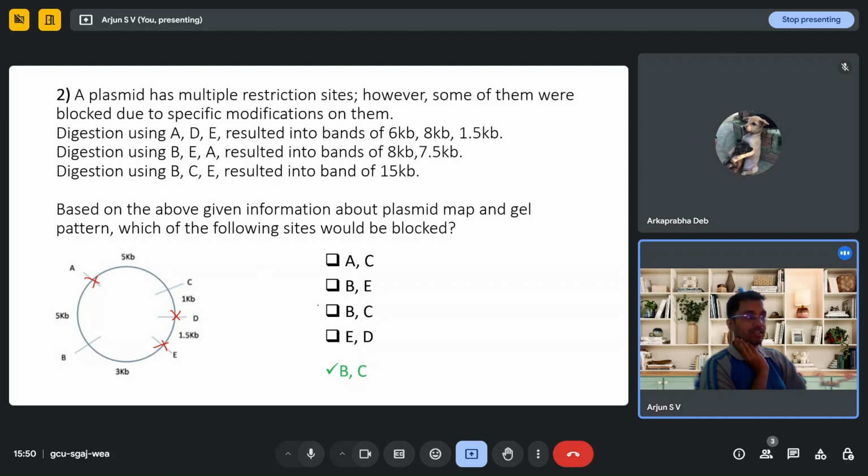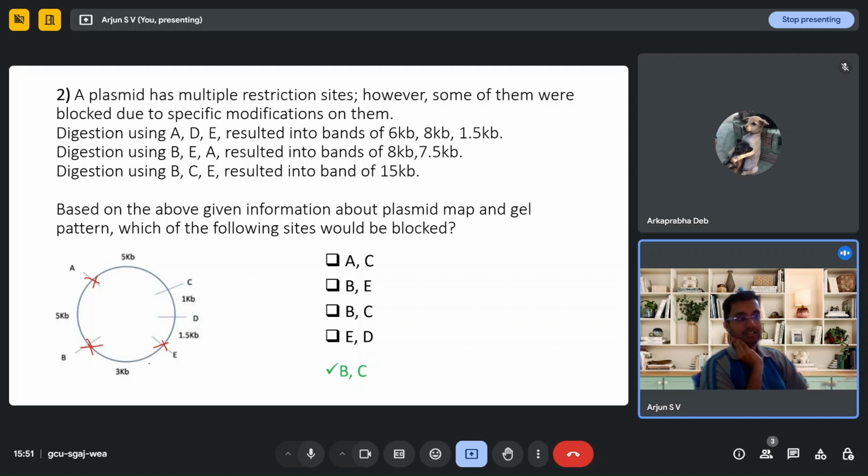Once again, you work on B, E, and A. Instead of D, you have to put B. In this case, you have 5 kilobases, which is not here, but you have 5 plus 1 plus 1.5, which is 7.5, which is here, and then 3 plus 5, which is 8.